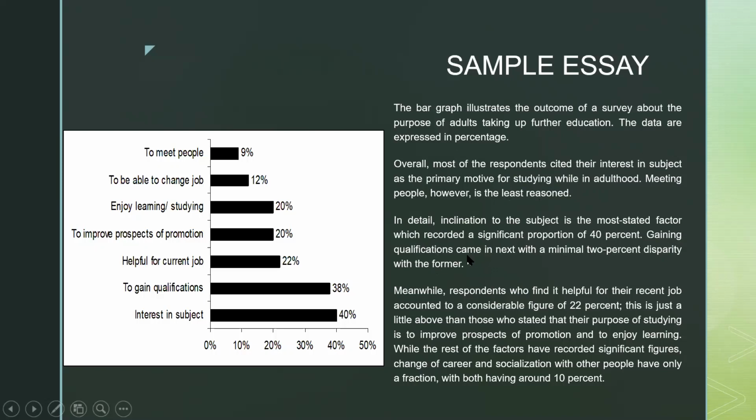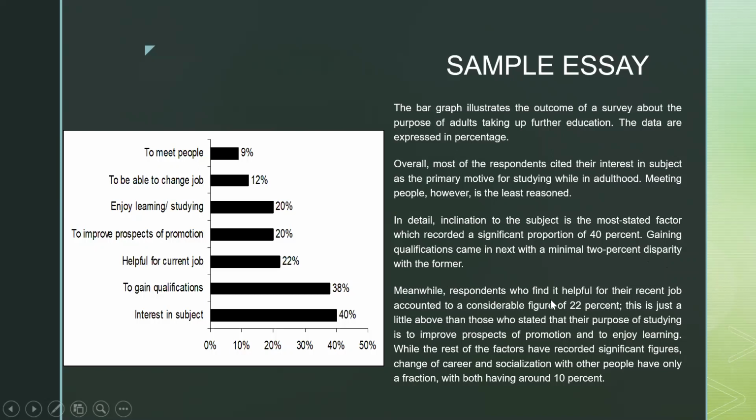You can use these kinds of terms. Came in next with a minimal 2% disparity with the former. This is already the comparison. Here I use difference as an approach to compare. Then I proceed to the next part.